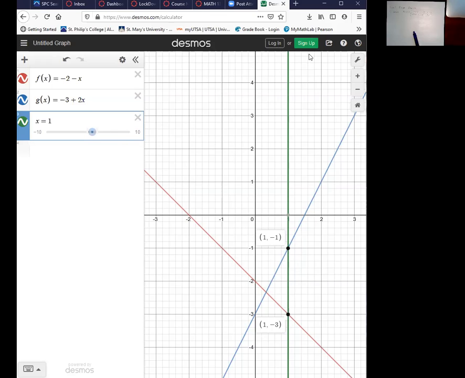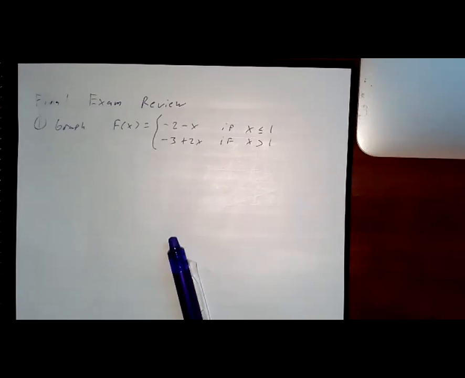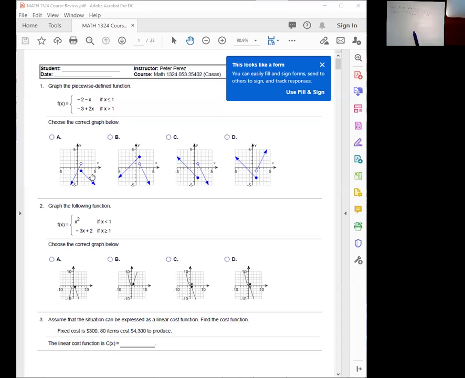Let's look at the answer choices. So we said it'd be going upward, right? Here. And then we switch to the other one, which is going up as well. And go double check. Yeah. So it's going to be D. Number 1 is D. I believe the answer is on the bottom.